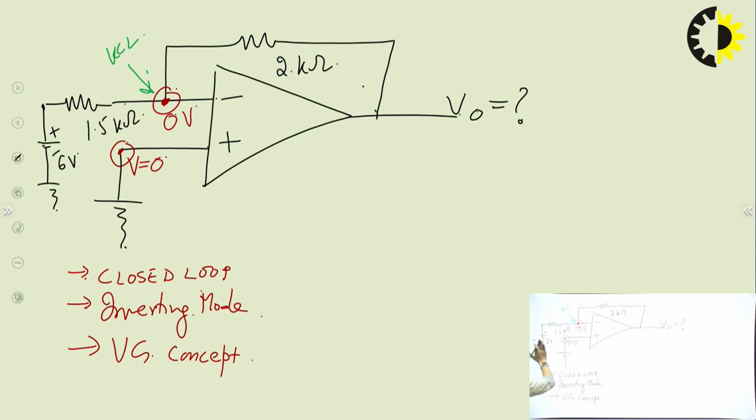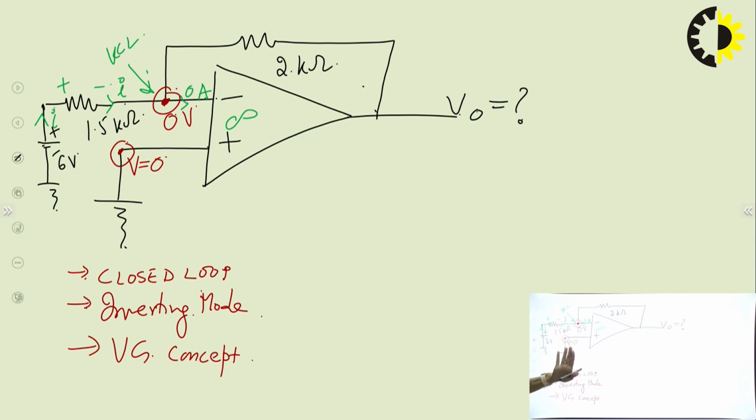Since the DC battery has been applied, some current will come out from the supply. This will pass through the resistance. According to the KVL, this will be the positive terminal of the resistance and this will be the negative terminal. Since the ideal OPAMP has infinite input impedance, 0 ampere current will go into the OPAMP.